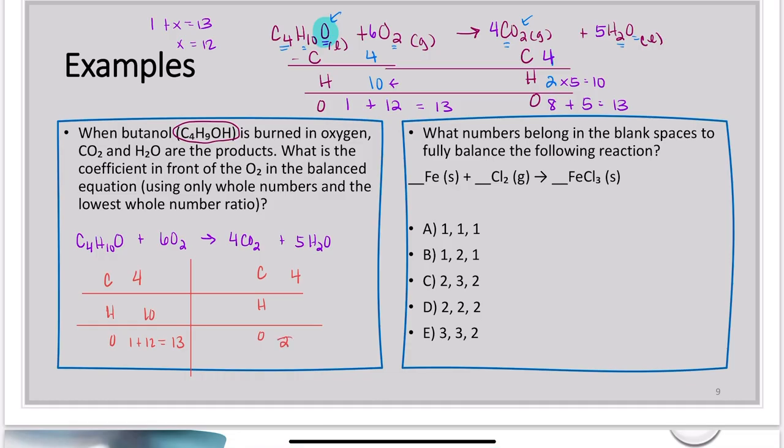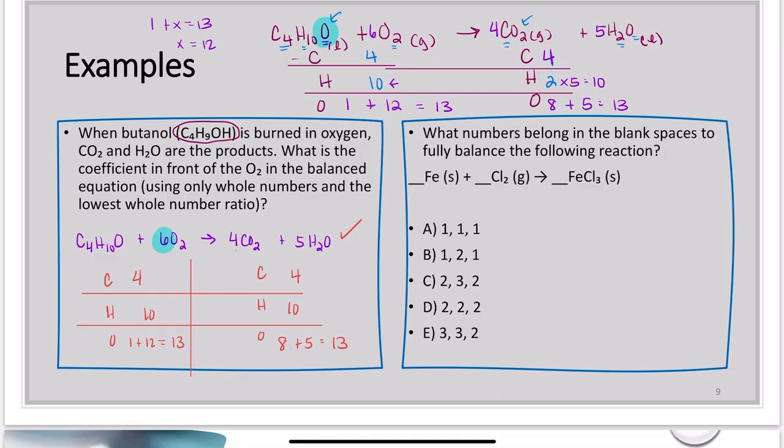Oh, wait, you know what? Nope, that's 8 oxygen. 4 times 2 is definitely an 8. 5 times 2 is 10 hydrogen. And then 5 times 1 is another 5. 8 plus 5 is 13. I have balanced it. But that's not the question. The question is, what is the coefficient in front of O2 in the balanced equation? 6. So the answer to this question is just 6.